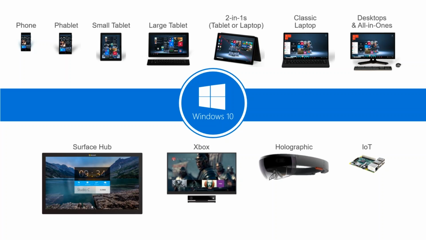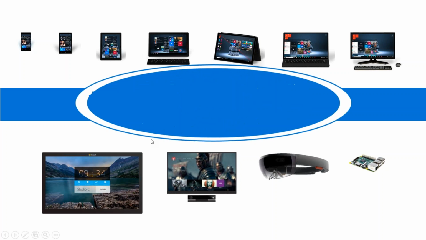So you can think about the potential, the opportunities that you have. If you have a good idea, you can take that good idea into any of these UIs or all of these UIs. So that's where the opportunity lies for you if you're a developer or an enterprise, right?